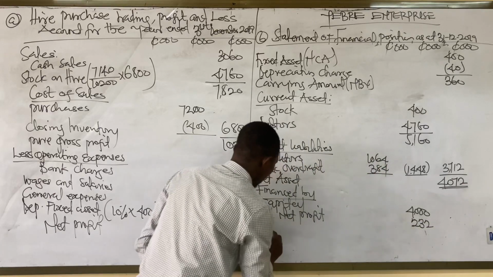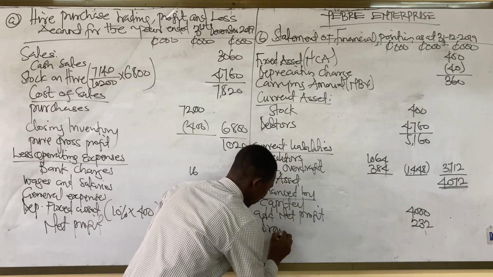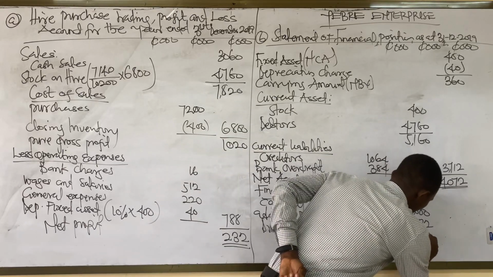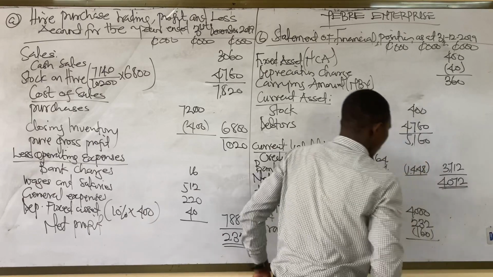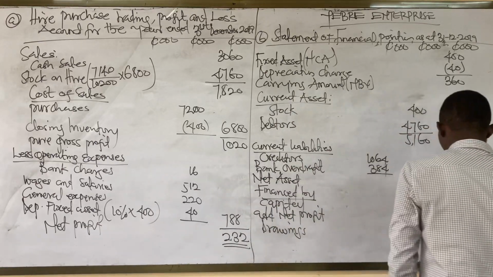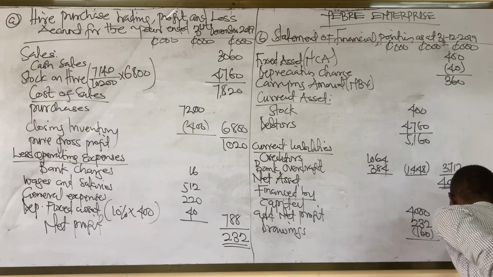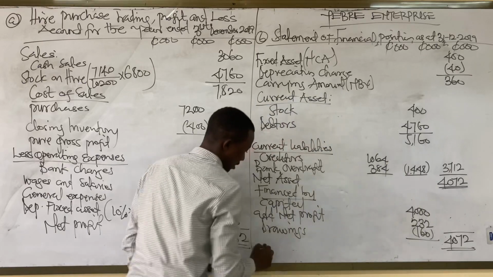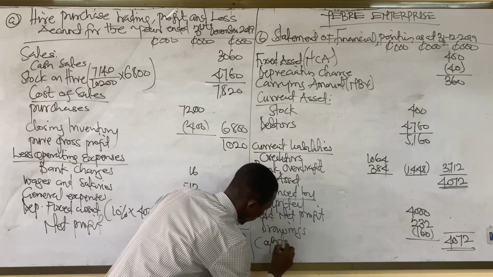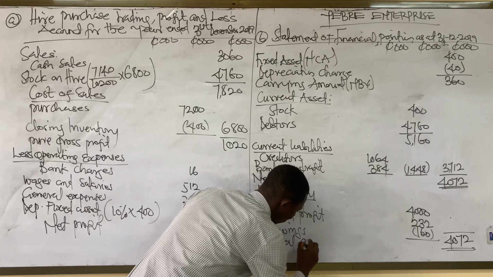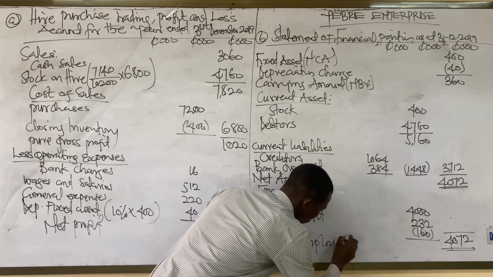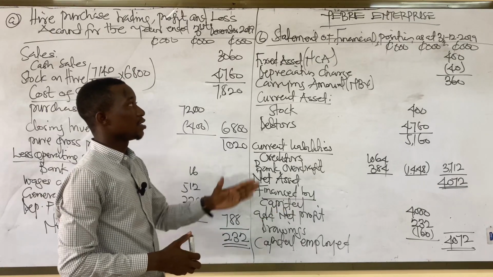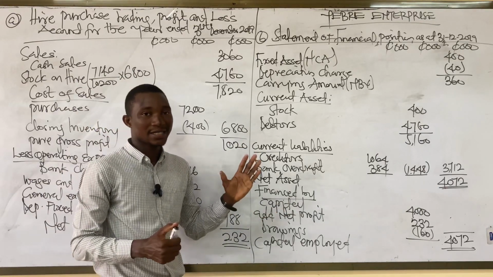Then we subtract our drawings. The drawings is 160, and this will give us 4,072 as the capital employed. Okay, so you can see that the statement of financial position has balanced.